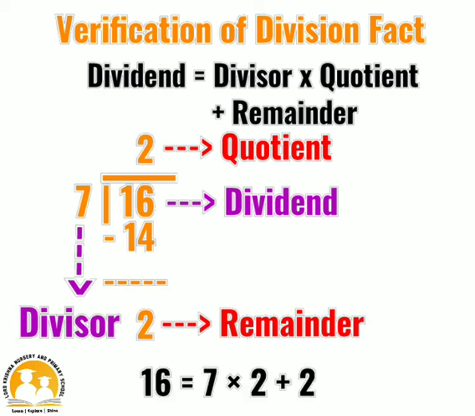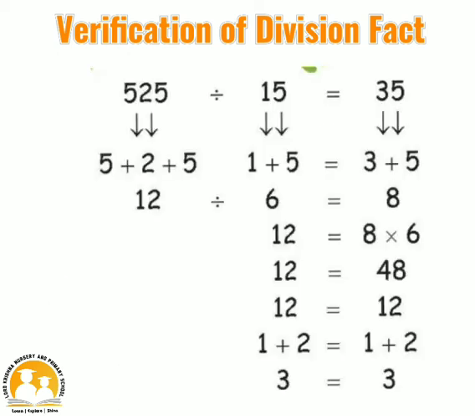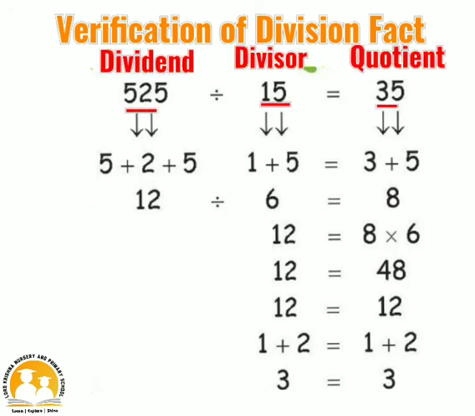Dividend is equal to divisor into quotient plus remainder. You get it, right? Let me show you an example of how to verify the division fact using the casting out 9s method. 525 divided by 15 is equal to 35. 525 is the dividend, 15 is the divisor, 35 is the quotient. Here the remainder is 0.